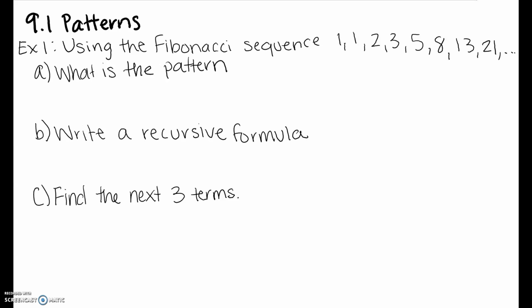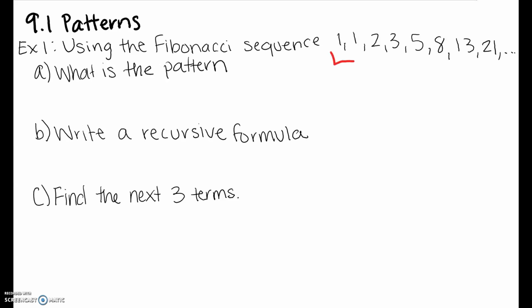So if we look at it, it's not adding the same thing each time. So if we go from 1 to 1, it's not adding anything. If we go from 1 to 2, we added 1. 2 to 3, we added 1. 3 to 5, we added 2. So that's not the pattern. So then we look a little bit closer. And the pattern for the Fibonacci sequence is actually that it takes the previous two terms and adds them together.